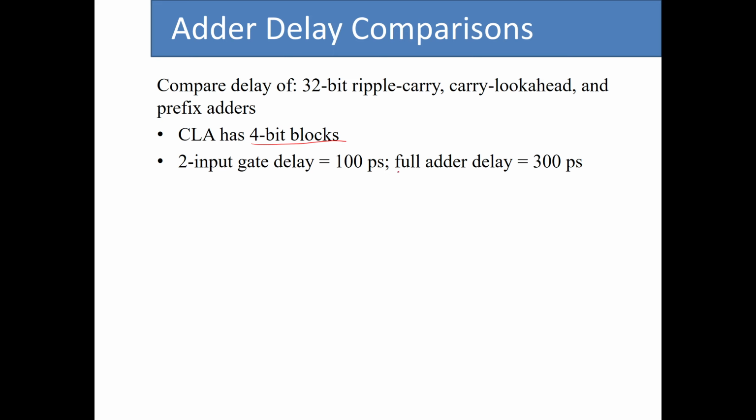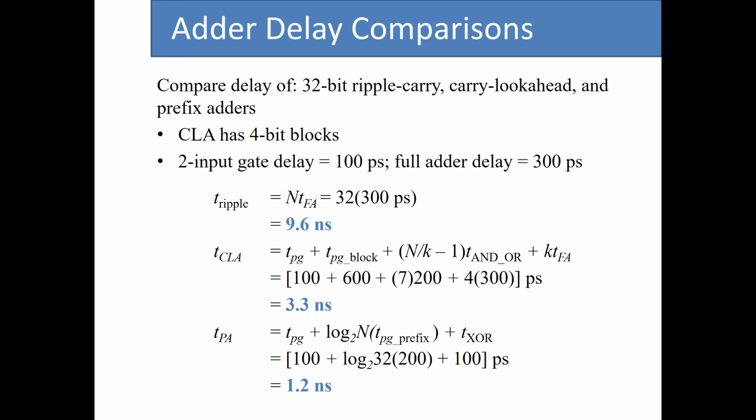And let's just say the delay of a full adder is 300 picoseconds. What we need to do is just plug these numbers into the previous equations to find how much time it takes for each one of these multi-bit adders to calculate the result.